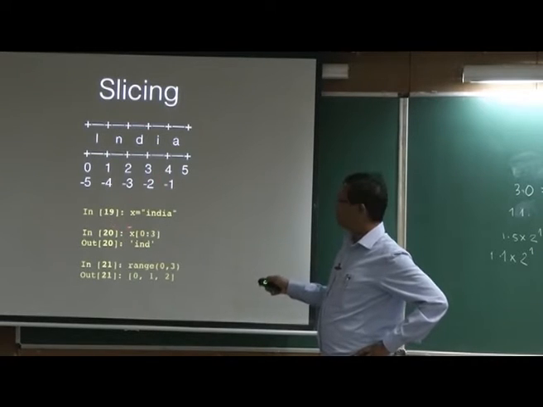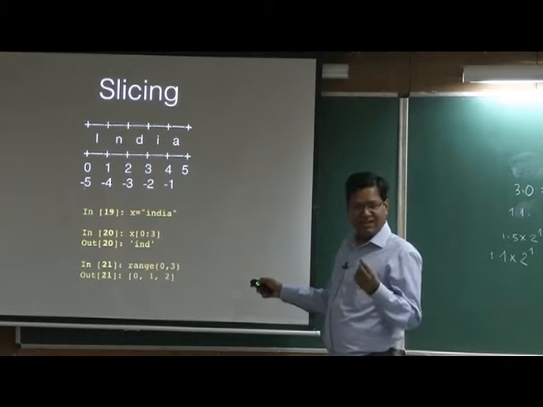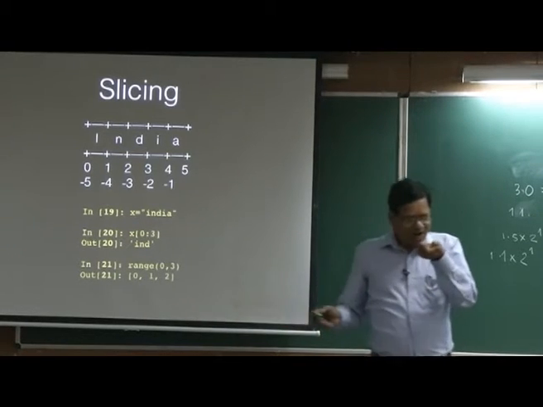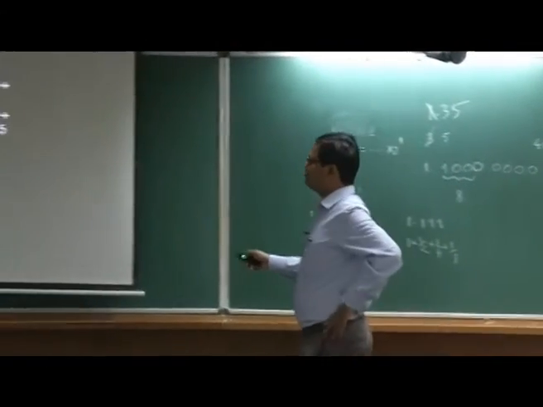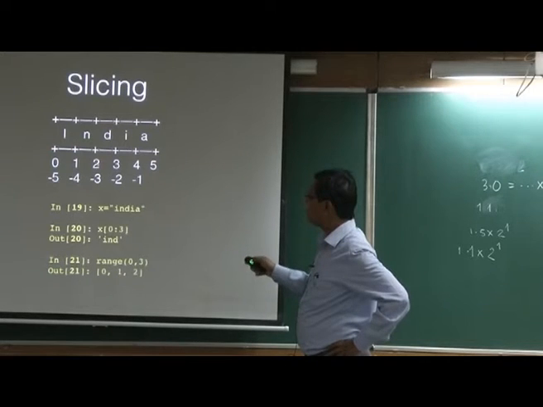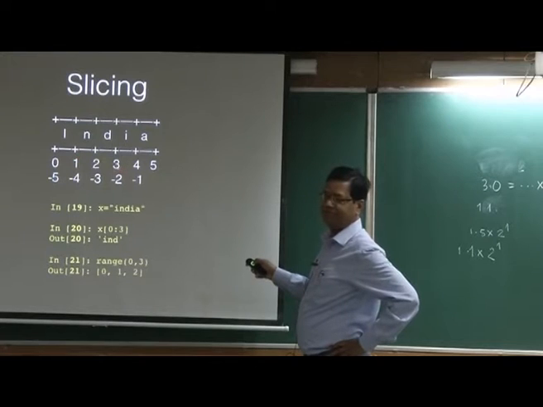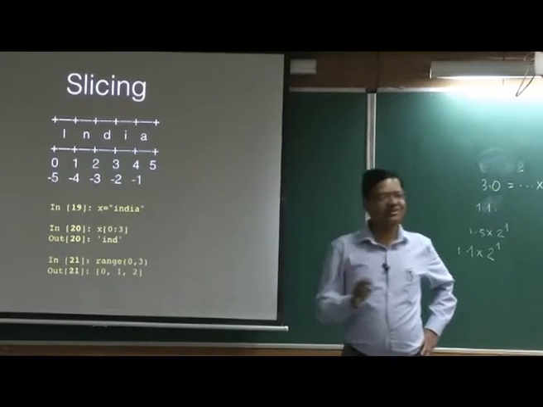So this index is the wall index, not the index of the house. So it is the wall of the rooms. So 0 is the first wall, second wall, third wall, fourth wall. So I say what is contained between the 0 wall and the third wall, and that will be IND. So if you think like this, you will get it right.